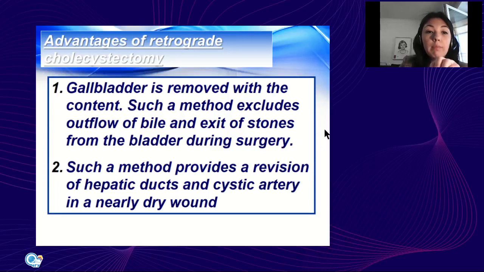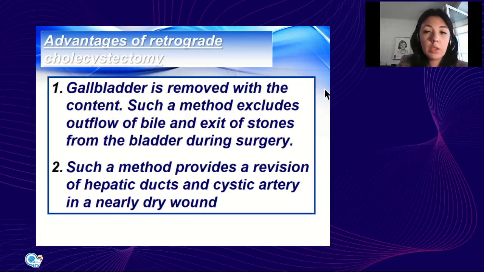Outflow of bile is especially undesirable in case of cholecystitis, when there is pus in the bile, or when there are stones which can, during surgery, go out from the gallbladder and get stuck somewhere in the bile excretory ducts, and require repeated surgery for removal.